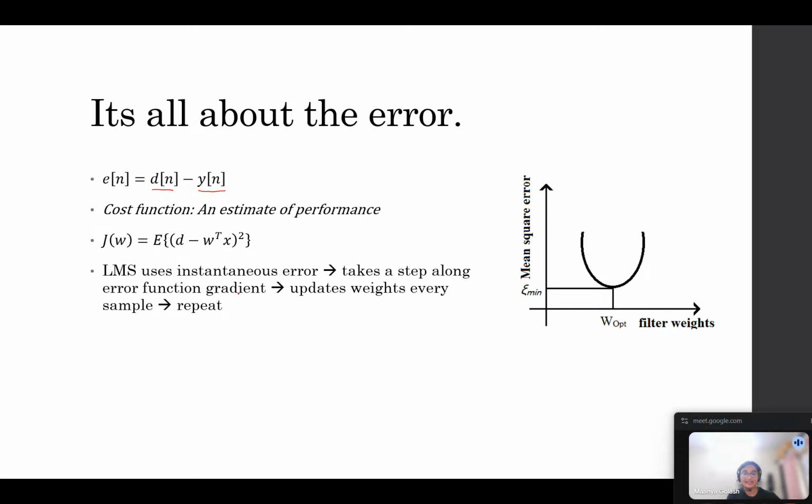What the LMS does is use the instantaneous error. It moves along the error gradient and updates the weights using this formula, and repeats till we get the minimum possible error, which leads to the most optimum filter weight that was defined by Wiener's formula.